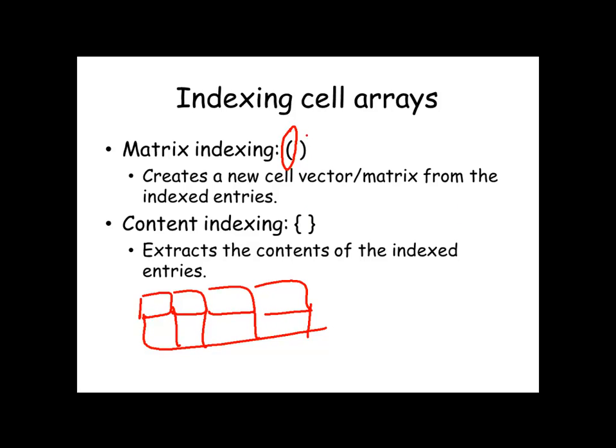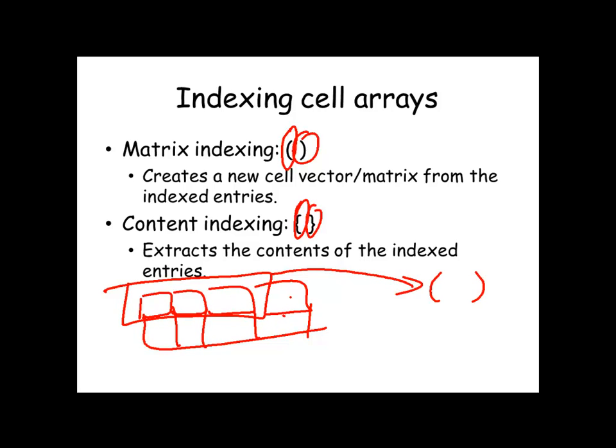When you are using parentheses, you are selecting some of these boxes and generating a new cell array or matrix. When you use curly brackets, you would actually be opening up these boxes and extracting their contents out.